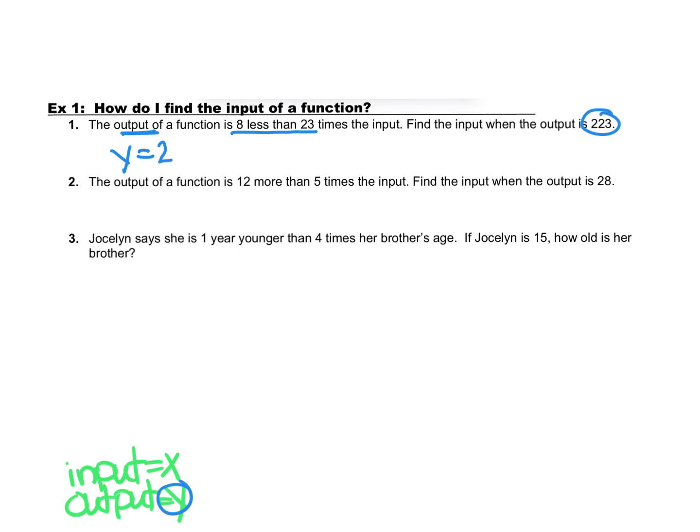So remember that's going to be 23, our input, which is x, and then we're going to have is less than, so we're going to have minus 8. So now it's saying find the input when the output is 223. So what we're doing is we're plugging in 223 in for our y.